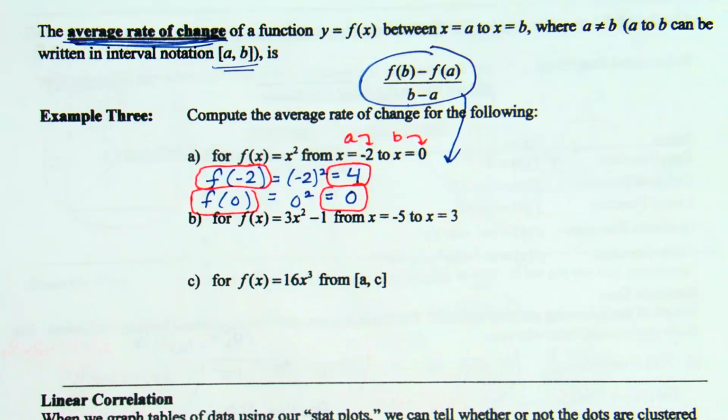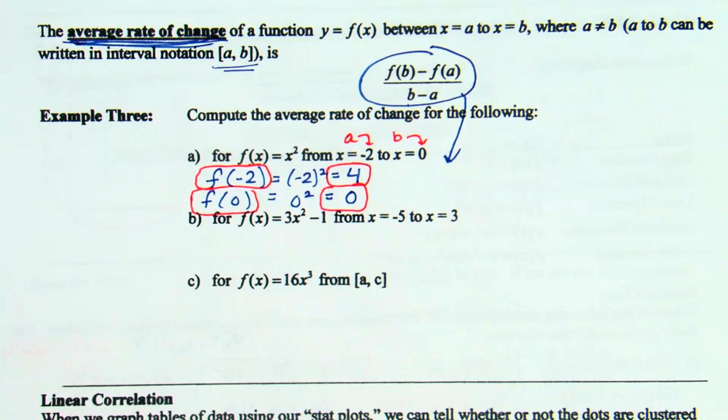Okay, computer's back. 0 minus negative 2. 0 minus 4 is negative 4. 0 minus negative 2 is plus 2. Negative 4 over 2, negative 2. The average rate of change on that section of the parabola is negative 2.